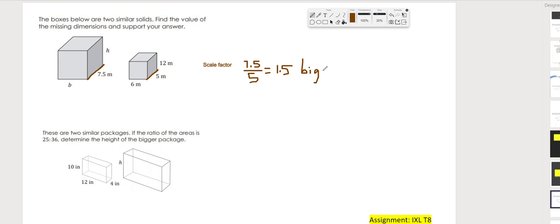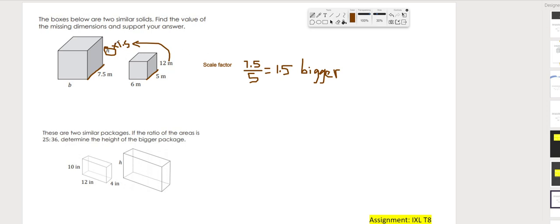Now that I have the scale factor, it is pretty easy to find the missing side. I know that H is going to be 1.5 times bigger than 12, because that's the corresponding side. So I am going to take 12 times 1.5, which is equal to 18.